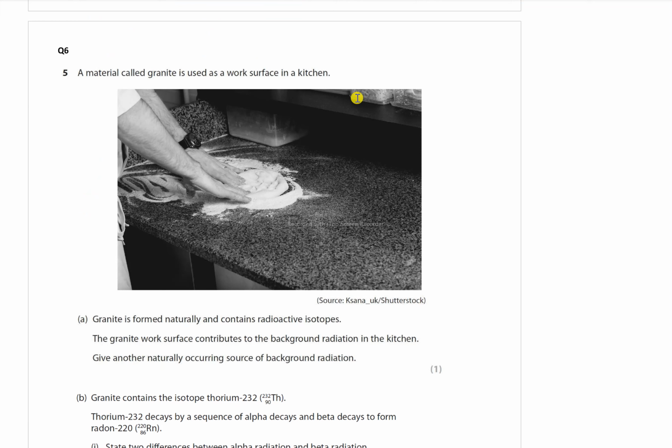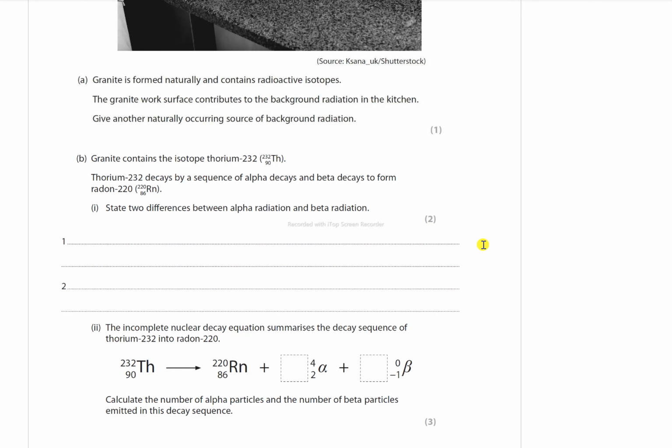The material granite is used for work surfaces in a kitchen. It contains radioactive isotopes, so it contributes to the background radiation in the kitchen. Give another source. Now can you see it's repeating this, so what are the other sources of background radiation?